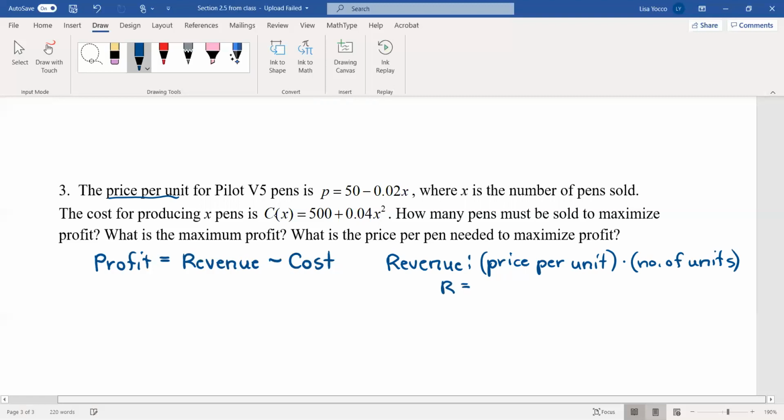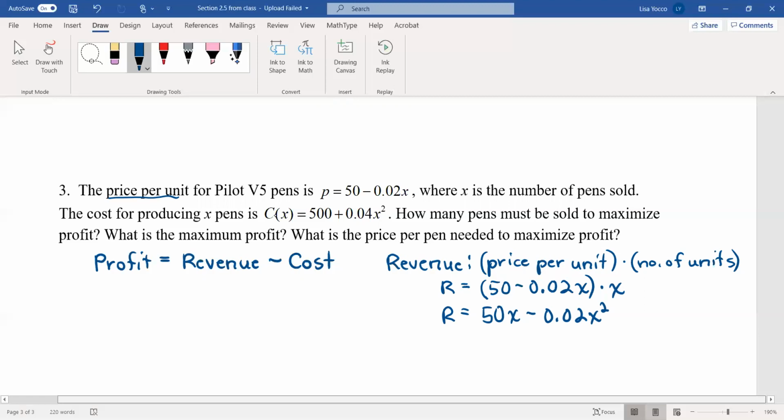So the price is actually this expression 50 minus 0.02x, and the number of units sold is x. So my revenue function turns out to be 50x minus 0.02x squared when I distribute the x and remove the parentheses.